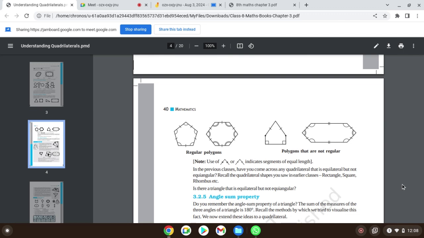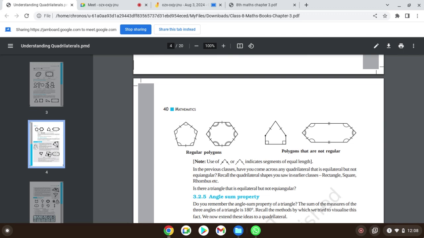And the polygons that are not regular have different angles and different lengths. There is a sign we use, a double line or single line, to indicate segments of equal length. If the whole shape has the same length, we can use a single line, or maybe a double line. If we have two different lengths of straight lines, we have to use the double and the single separately to show them.